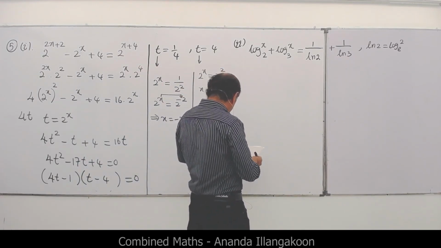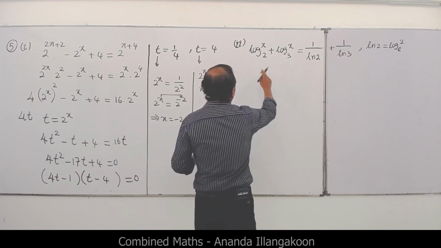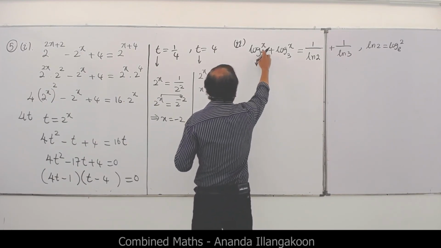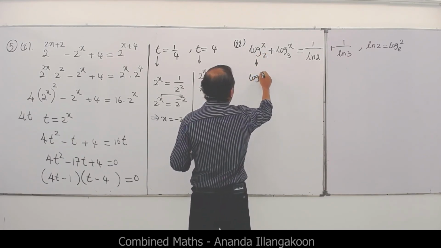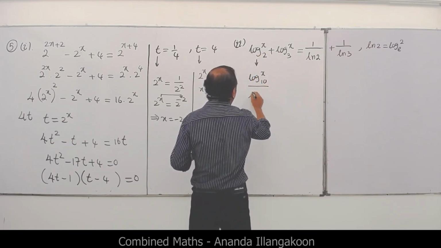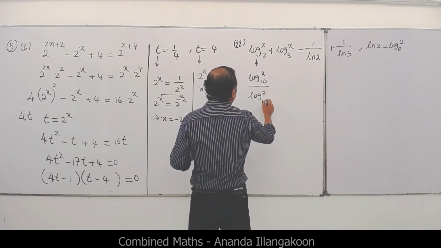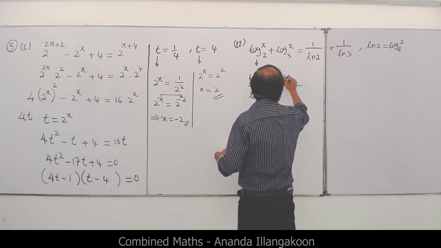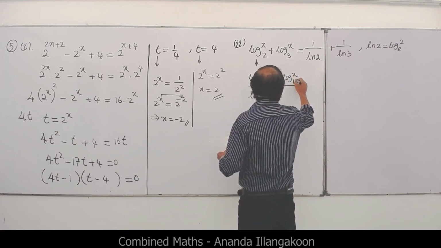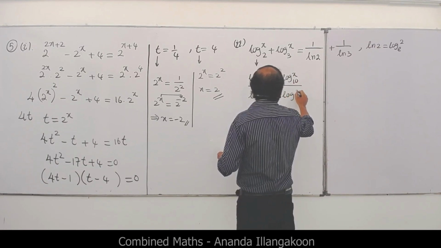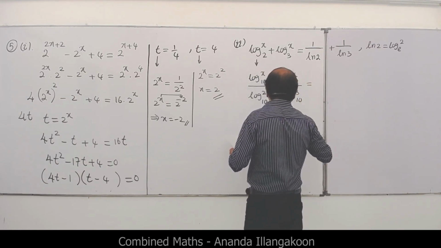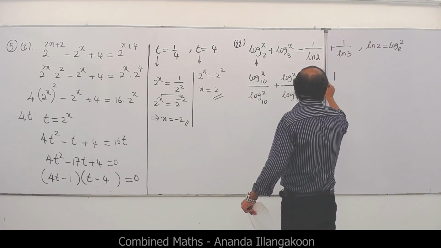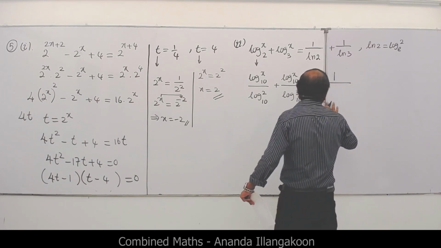Then, to get this answer, I am going to write this log by using the change of base formula, applying the base 10: log x to the base 10 divided by log 2 to the base 10, like this. This one, log x to the base 10 over log 3 to the base 10. The right hand side also, people, this Ln 2 I can write this way.